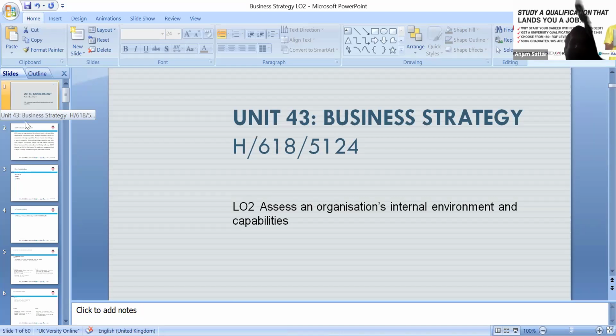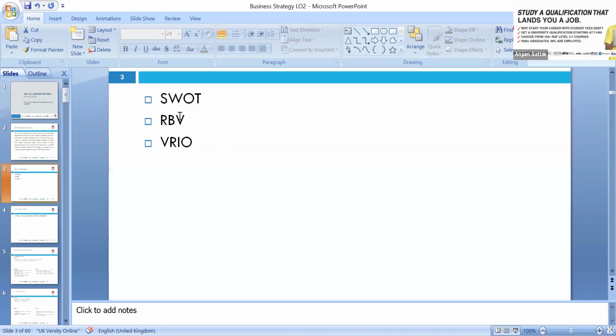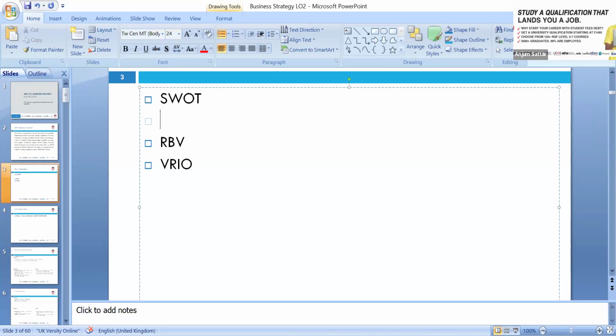Last lesson we focused more on SWOT: strengths, weaknesses, opportunities, and threats. We discussed PESTEL: political, economic, social, technological, legal, and environmental. We also discussed the Ansoff matrix, which covers market penetration, product development, market development, and diversification strategies.